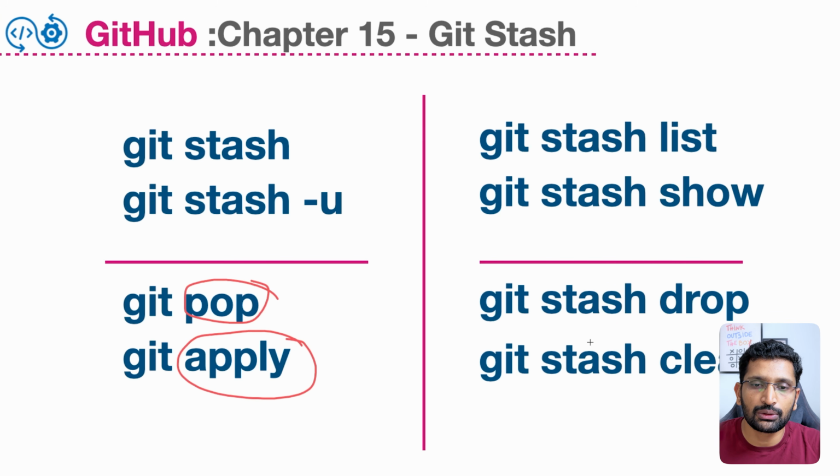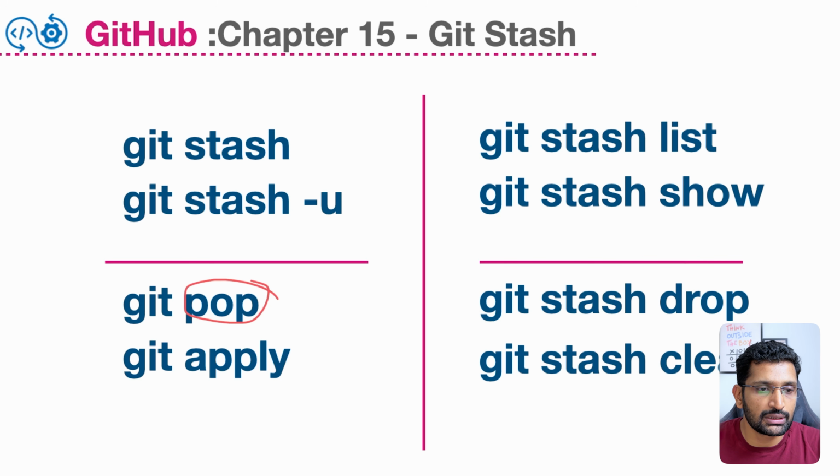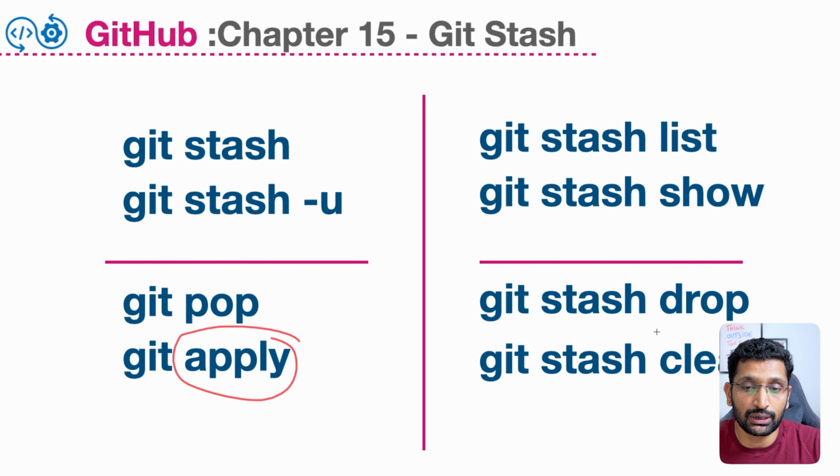So for that, you need to run either git stash drop or git stash clear. I'm going to show that also. Right now we have run the git stash apply command, which means our stash is not empty. What I can do is run git stash drop to drop that particular stash and make my stash empty.